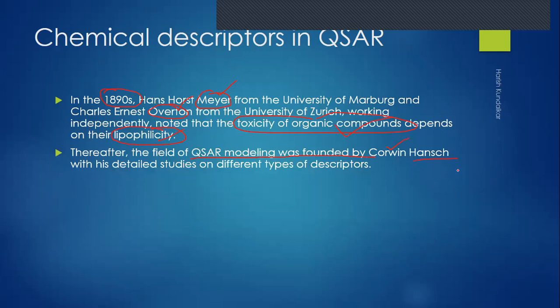He worked with his students, and they studied different types of descriptors. So the initial study was done by Meyer and Overton, but the field of QSAR modeling was developed because Hansch and his colleagues and students worked on different types of descriptors which were later used for QSAR modeling. Hence Hansch is said to be the father of QSAR.